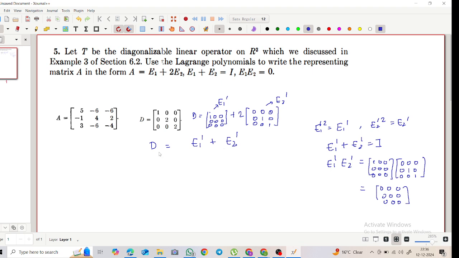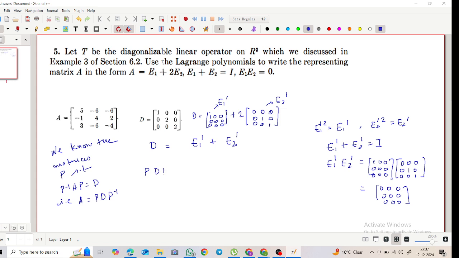And we know the matrices P such that P inverse AP is D, that is, A is PDP inverse, right?